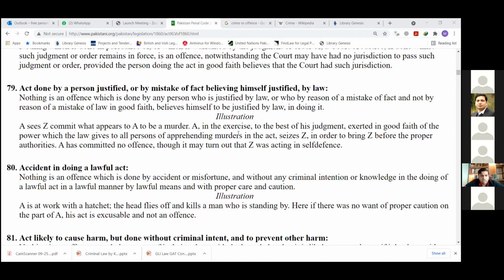Section 79 says a person who commits an act believing himself, number one, justified by law, number two, by reason of mistake of fact, has done it in good faith, or believes himself to be justified by the law in doing it, is not an offense.